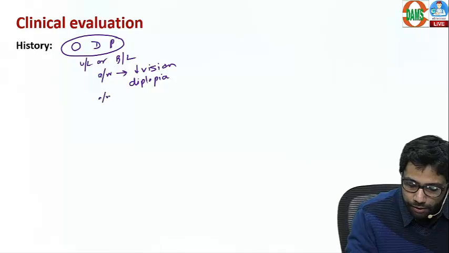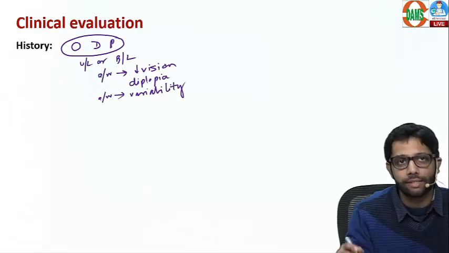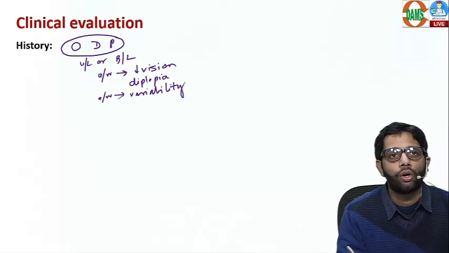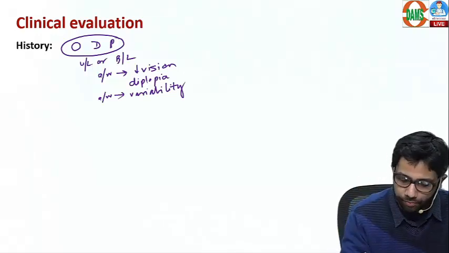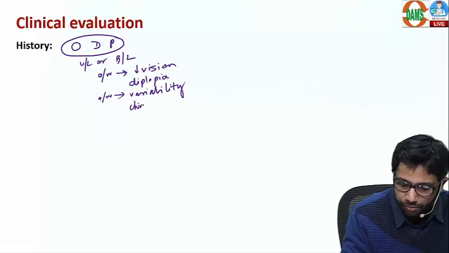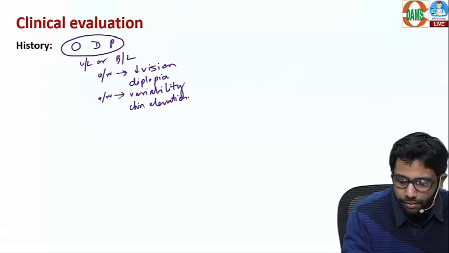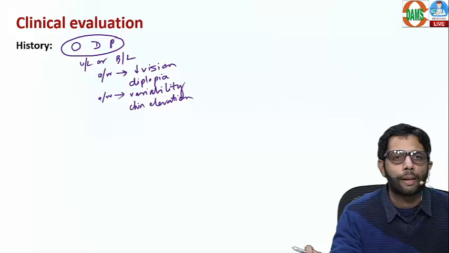Or it is associated with variability. Why? Because if there is myasthenia, there is a variability in the ptosis. Or it can be associated with head postures, chin elevation. So when a congenital ptosis patient has bilateral ptosis, he tries to elevate his chin so that he can see.